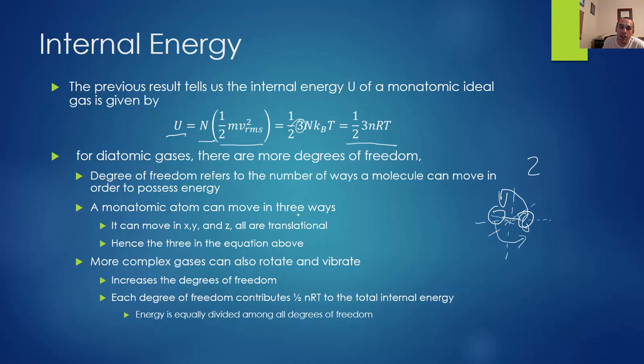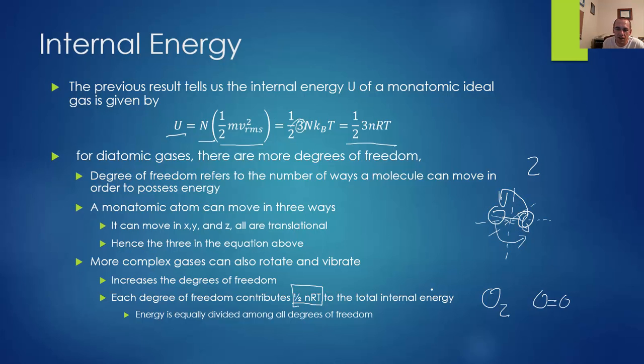The equipartition theorem says that each degree of freedom contributes to the internal energy of the system, and each contributes half nRT to the total energy. Which means if we had a diatomic gas, say like O2, that's oxygen double bonded to oxygen, we would actually have to account for that.